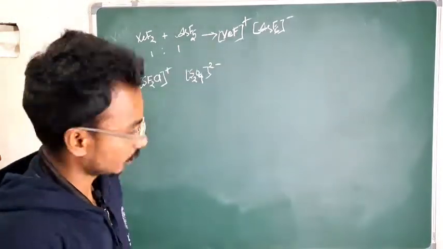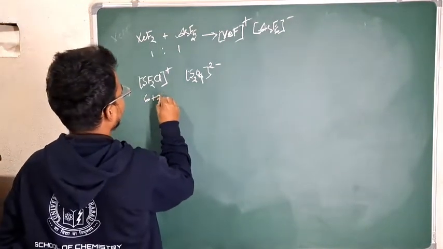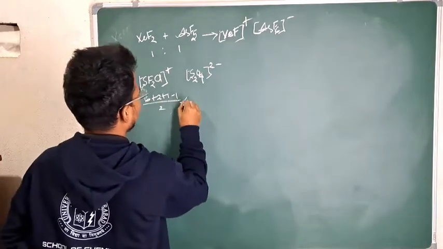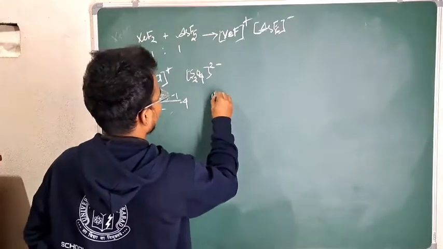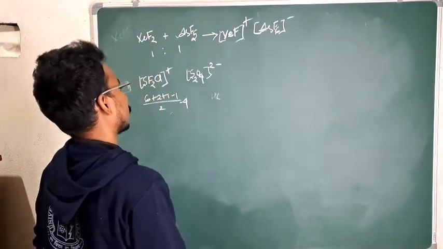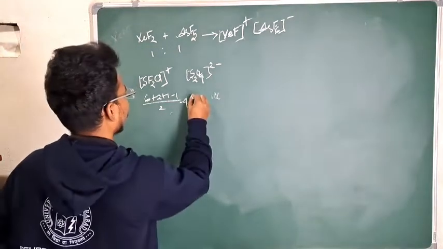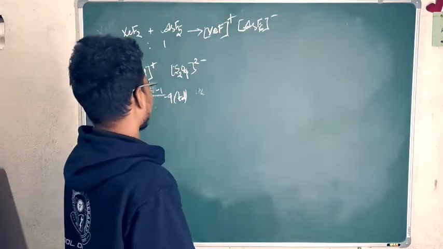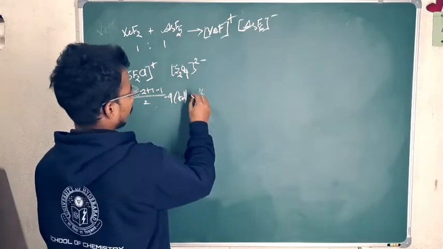Tell me the answer. So 6 plus 2 plus 1 minus 1, by 2, equal to 4. It should not be 12, you can't find it like that. It means it should be tetrahedral. So it is 4, but they are asking about shape.